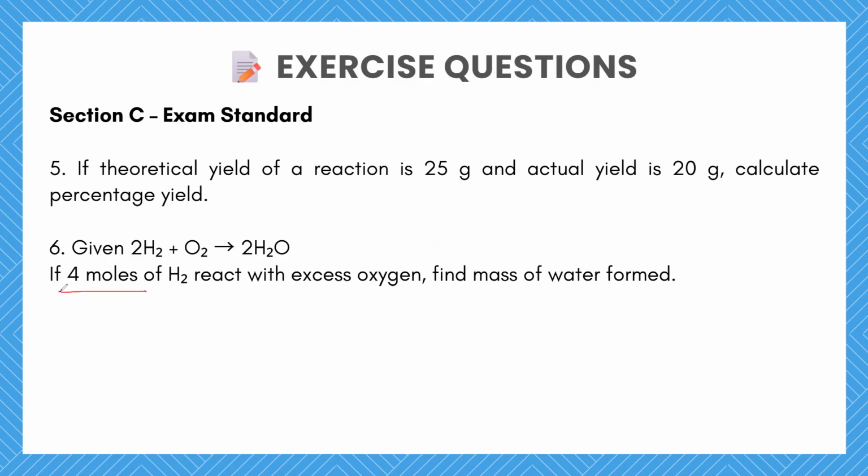And that has been done. You can see over here 4 moles of hydrogen. The next step would be to get our mole ratio. From the question, it is said 4 moles of hydrogen react with excess oxygen. Find the mass of water that is produced. So let's go ahead and write out these statements.